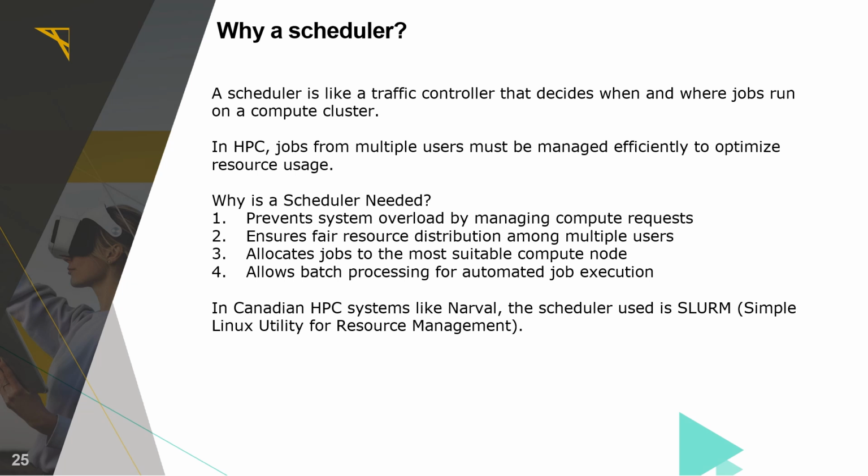SLURM allows researchers to submit jobs, and we're going to talk about the commands that you can use to submit jobs, check your job status, cancel jobs, and also run interactive sessions. One thing I should point out on this slide is that we ran through the session for submitting jobs, but we didn't go into details to see some of the commands and how they can be used.